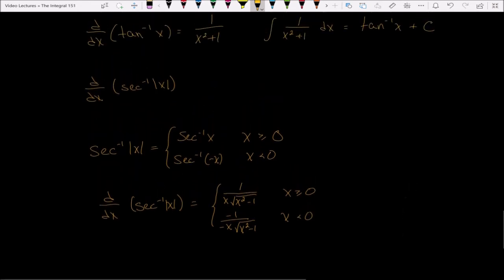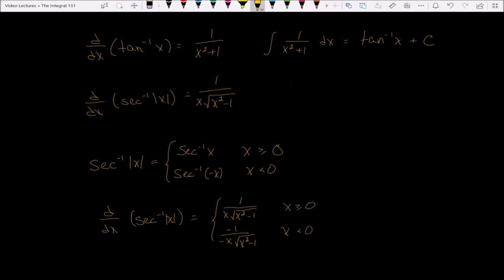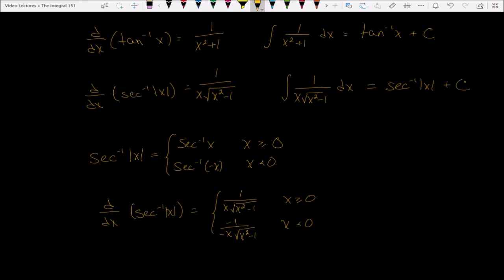In both cases, we get 1 over x square root of x squared minus 1, meaning the antiderivative of 1 over x times the square root of x squared minus 1 is equal to the inverse secant of absolute value of x plus a constant.